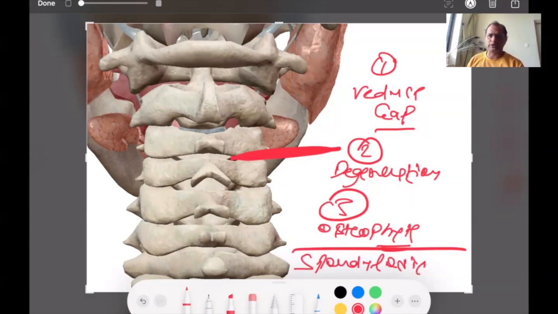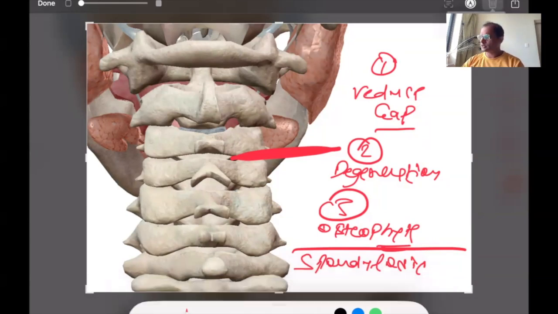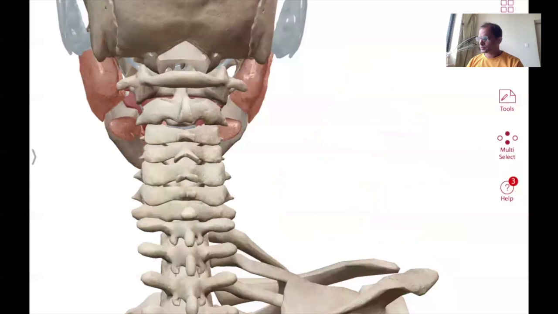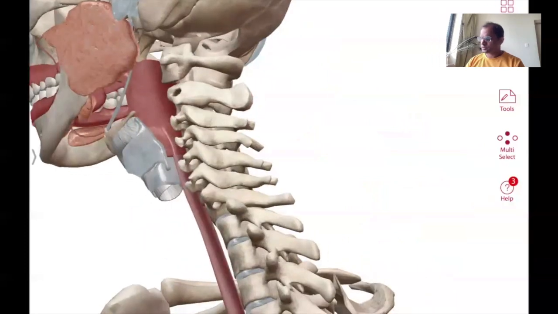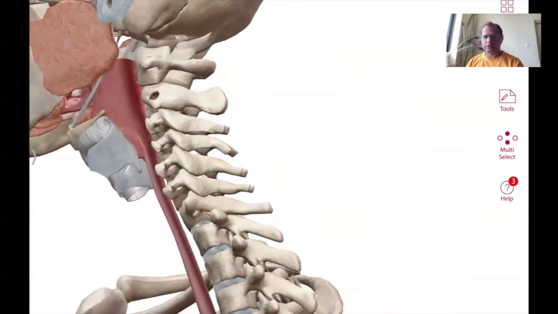That is cervical spondylosis, like the lumbar spondylosis. So now the condition has reached from the first to the second phase. Now the third condition happens rarely, means not with every patient. Most of the patients you will see in the second phase.